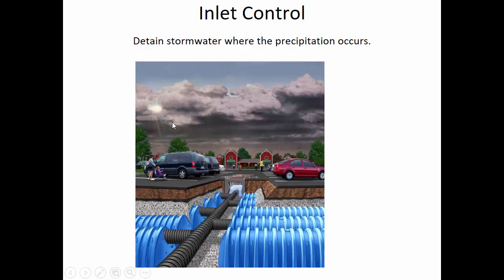Now, inlet control, this is just illustrating that underneath a parking lot you could have storage of the rainfall. And so here's the catch basin, and the catch basin is connected by pipes to these buried tanks that will drain slowly. It may be that they have slotted openings on the bottom, and this is showing it's kind of like a thick gravel bed, and the water would just drain down through that.